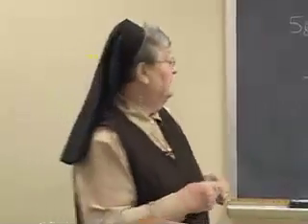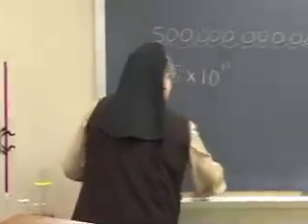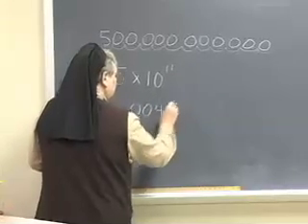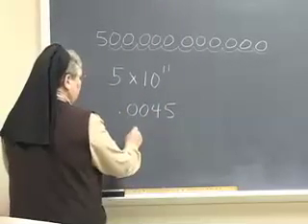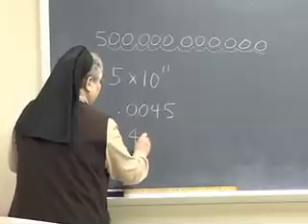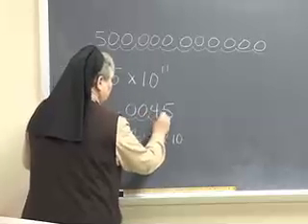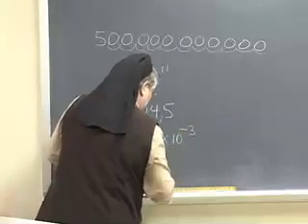Now, the only other thing we have to know about entering a number would be to pick a number that requires a negative exponent. And let me give you another number. We already know this number, and we know that would be 4.5 times 10 to the negative 3.